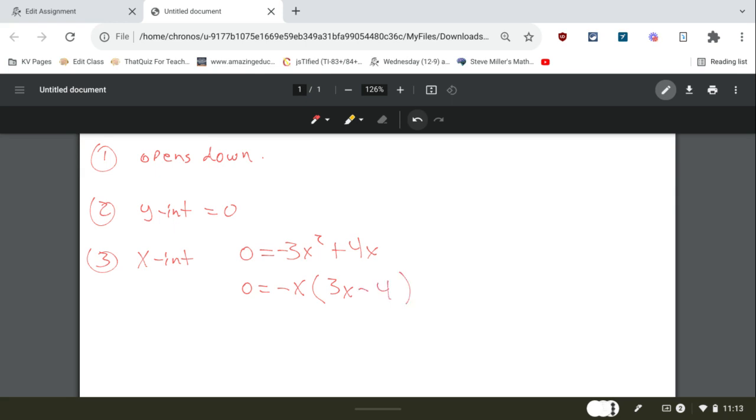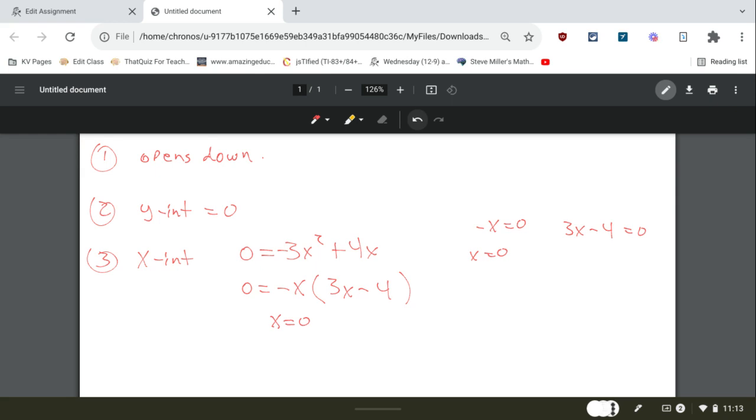Now that it's in factored form, I can set each of those factors equal to 0 and solve for x. So negative x equals 0, therefore x is equal to 0. That's one of my x-intercepts. The other one, 3x minus 4, set that equal to 0.